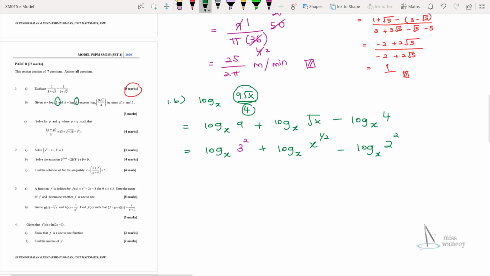Now I'm going to bring the power down. So I have 2 log_x 3 plus half log_x x minus 2 log_x 2.